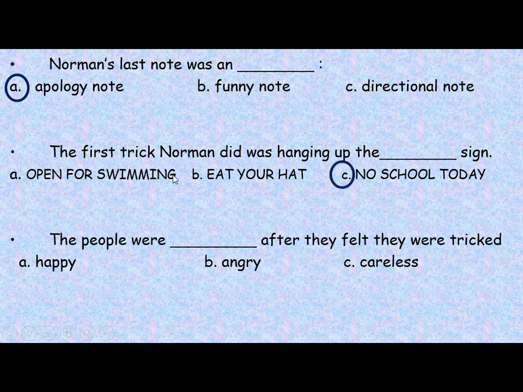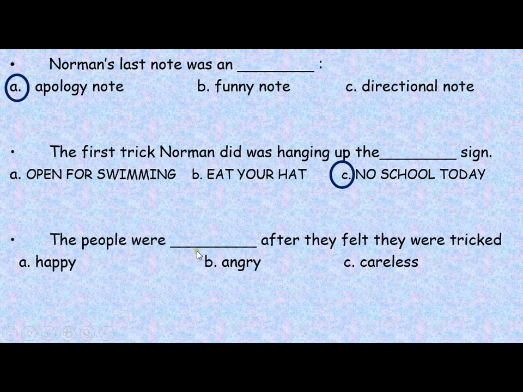Yes, no school today. Everyone was confused and they left home, and the principal felt super confused, and all the teachers were upset as nobody told them that they weren't at school that day. So the first trick that Norman did was the no school today sign.